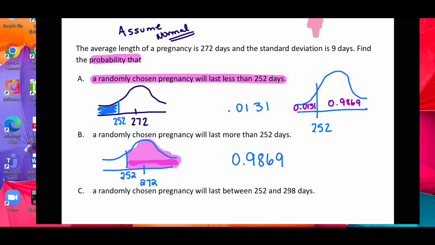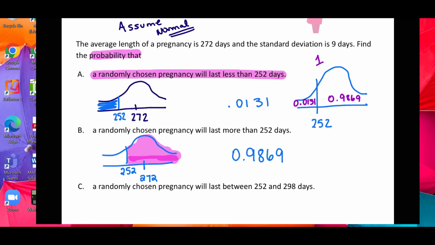Add those two together, and you will get 1, or 100%, right? And so that should make sense. The area to the left of 252 plus the area to the right of 252 should encompass the area of the entire curve, and so that should be 100% or 1.